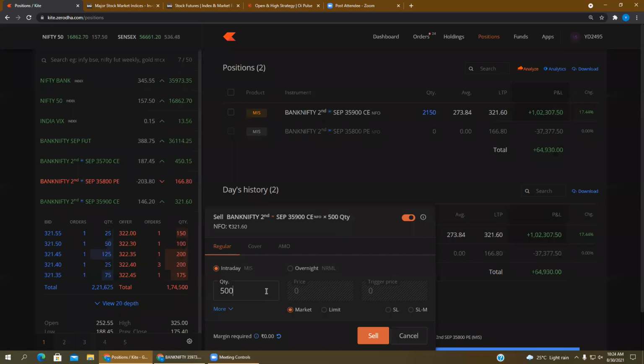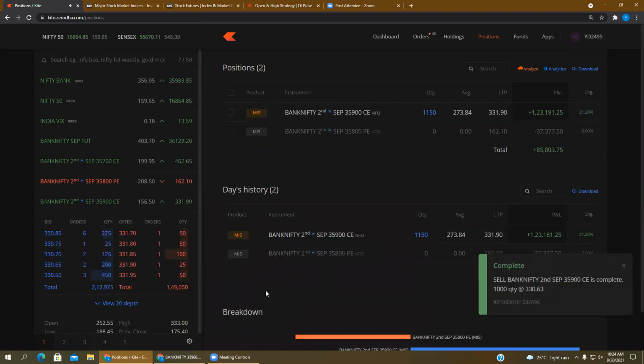Just waiting for this candle to close. Yeah, no problems. 330. Exited 1000 at 330.